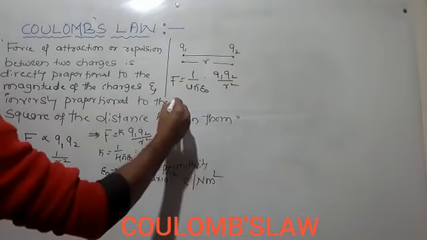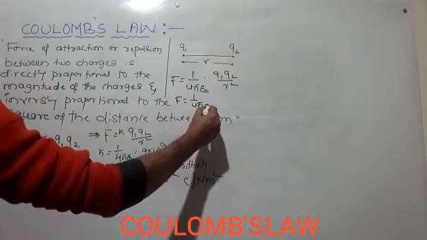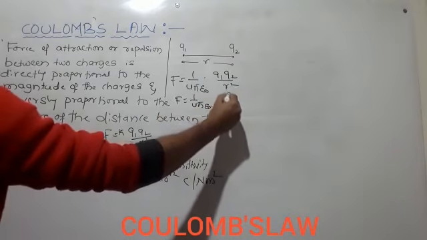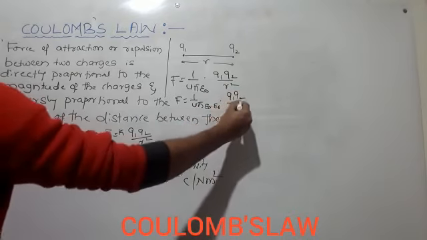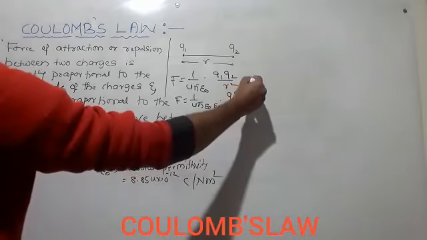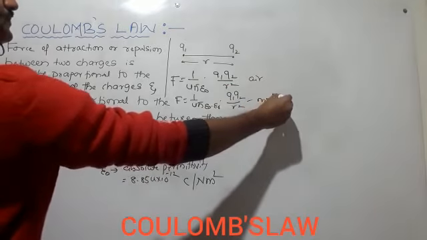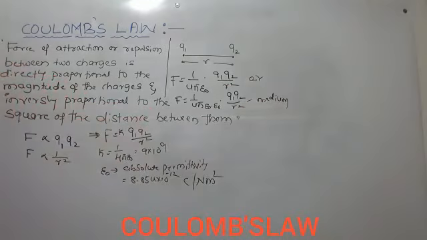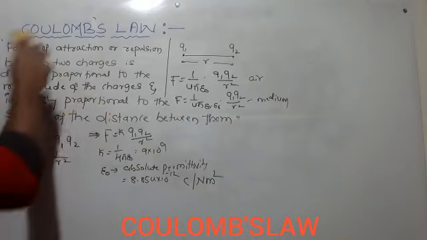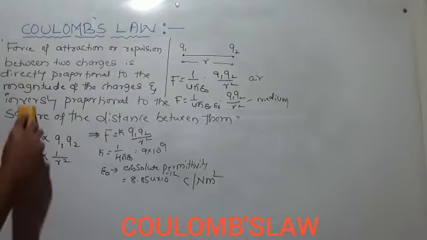If there is a medium, then F is equal to 1 divided by 4 pi epsilon naught epsilon r Q1 Q2 divided by r square for other medium. So this is for air and this is for other medium. So this is about Coulomb's law, which explains the force between the two charges.